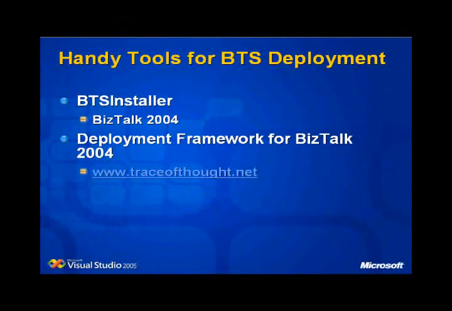The BTS installer is within BizTalk 2004 in the SDK itself, in the software development kit folder. There's also a deployment framework for BizTalk 2004, and it's at traceofthought.net. That is a way to utilize BizTalk within .NET, which was talked about earlier in one of the other Grok Talks.